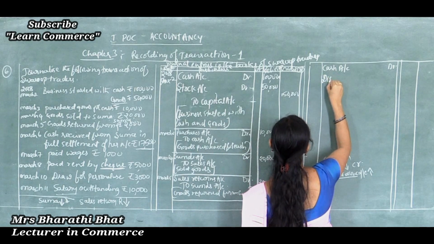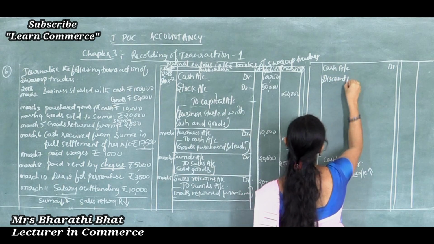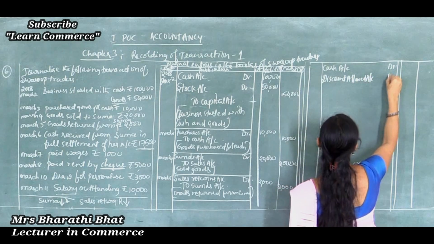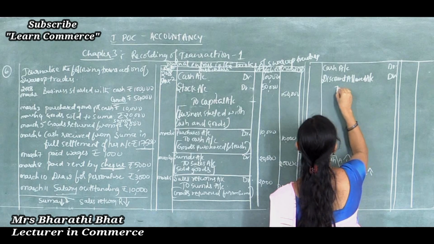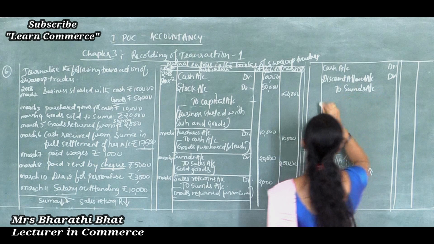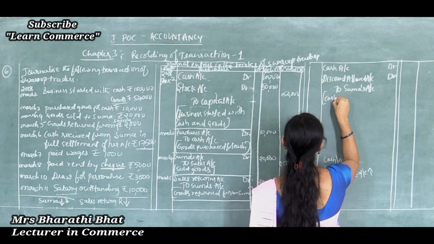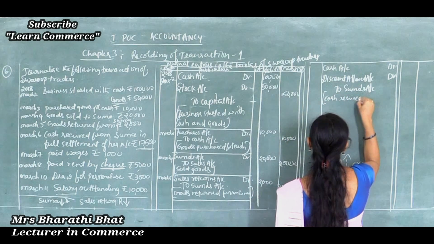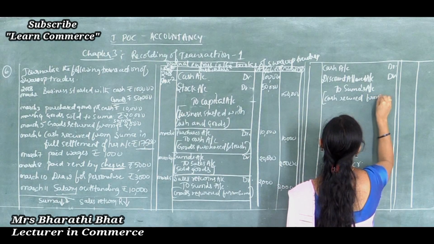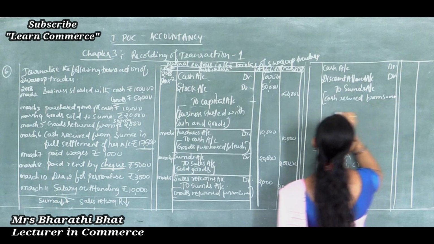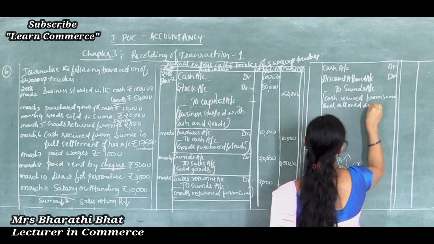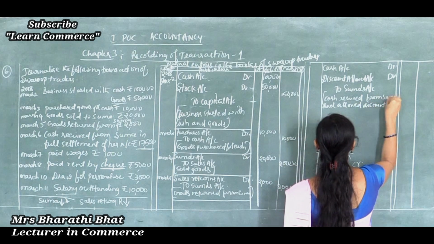So discount allowed account is debited to Suma's account. Narration: cash received from Suma and allowed discount.